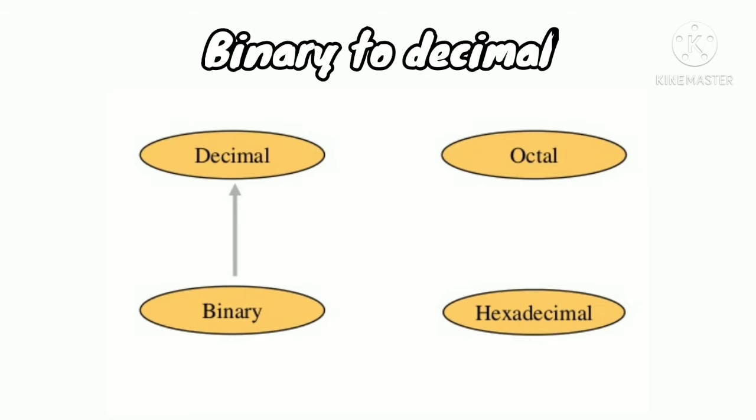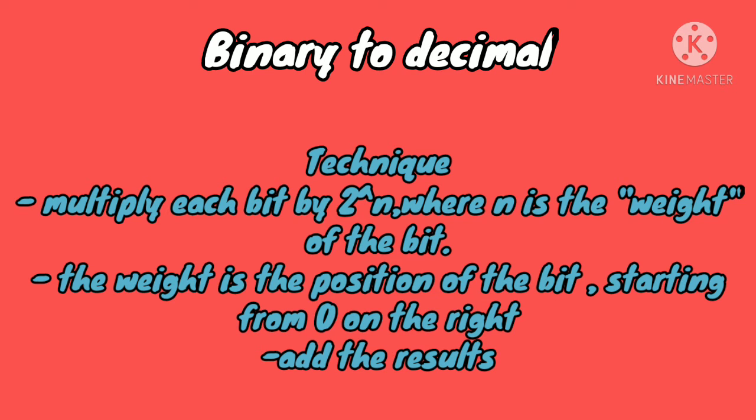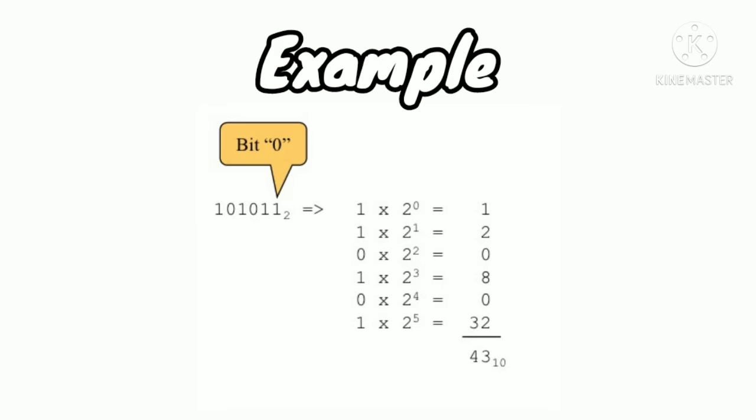Now here is the conversion binary to decimal. To convert binary into decimal, we can use a technique: multiply each bit by 2 to the power n, where n is the weight of the bit, and the weight is the position of the bit starting from 0 on the right, and add the results. Here is the example: 101011 with base 2.